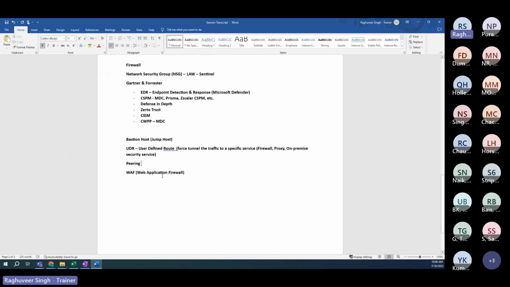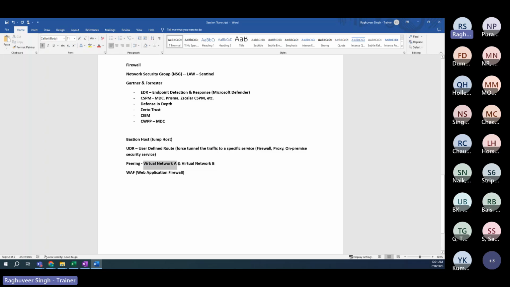Then comes peering. Peering is a concept wherein you will connect multiple networks together. So by default in Azure, virtual network provides isolation, which means if I have two virtual networks, which is virtual network A and virtual network B, the resources inside virtual network A and B cannot talk to each other because both networks are isolated.